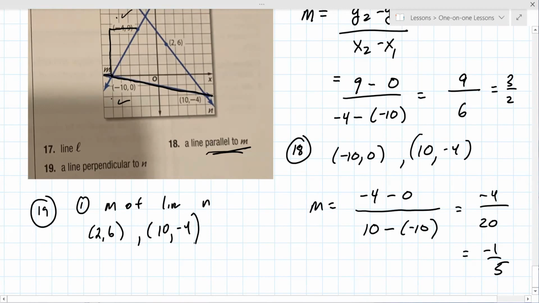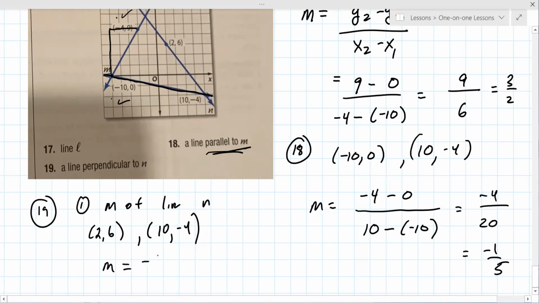Go ahead and find that slope for me, and then we'll talk about how to find the perpendicular slope. Let me know what you get for the slope there.